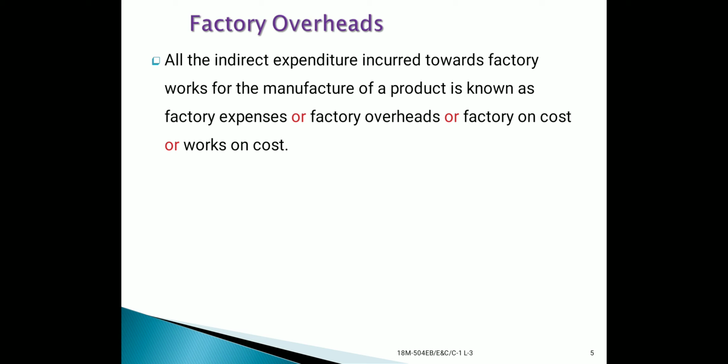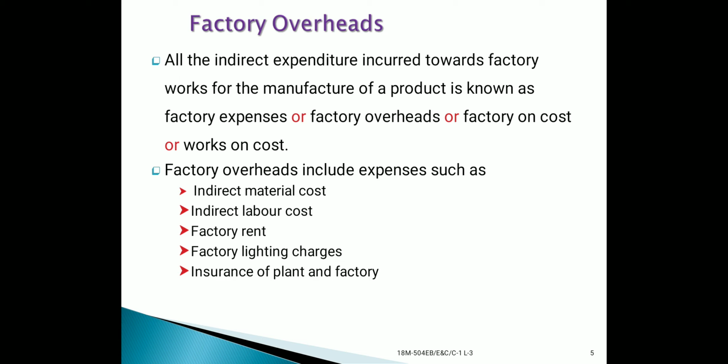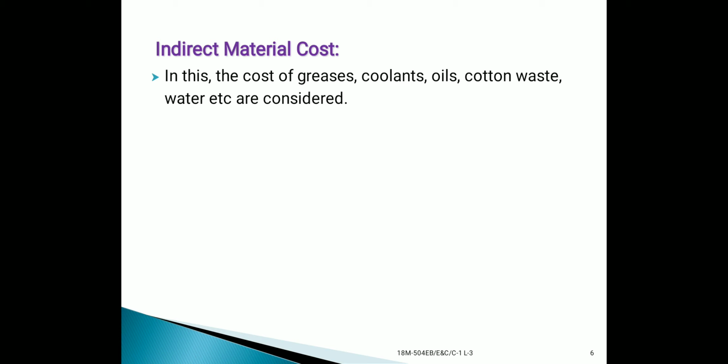Next, work on cost. Factory overheads include expenses such as indirect material cost, indirect labor cost, factory rents, factory lighting charges, insurance of plant and factory, and depreciation of plant and machinery. Indirect material cost is the cost of grease, coolants, oils, cotton waste, water, etc. I already discussed this earlier.